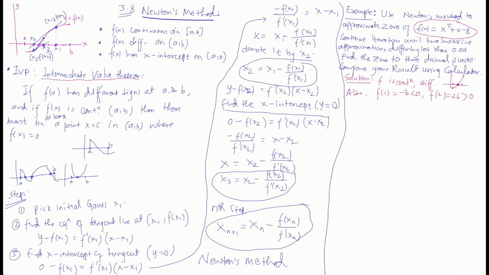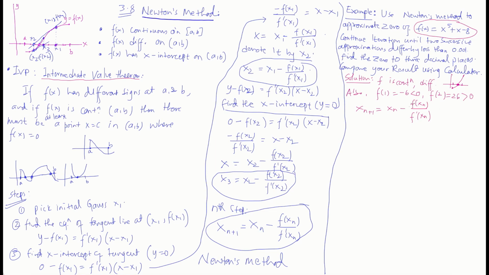We use the formula. What is the formula to find x_{n+1}? This is Newton's formula: x_{n+1} = x_n - f(x_n)/f'(x_n). I wrote the formula.